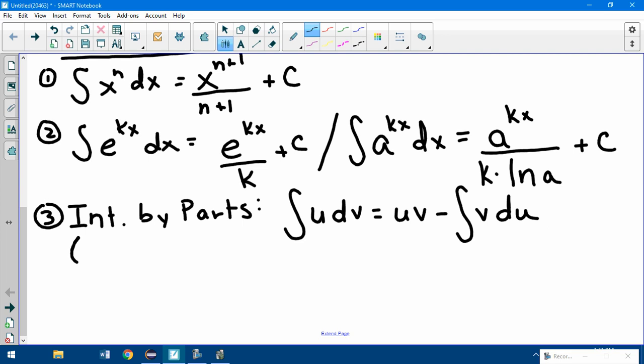What was the acronym we used to figure out what to make u? LIPET: logs, inverse trig, polynomial, exponential, and then trig last. And that's when you have two variables multiplied by each other.